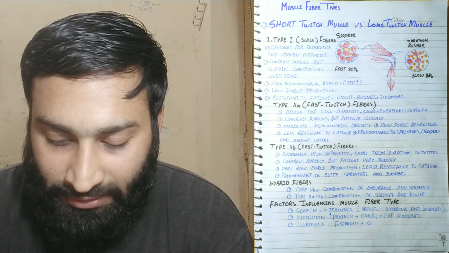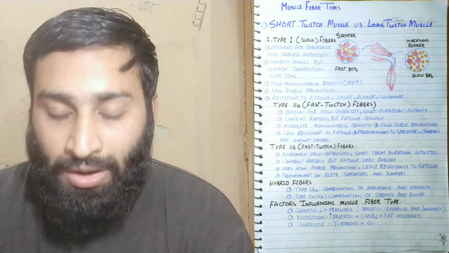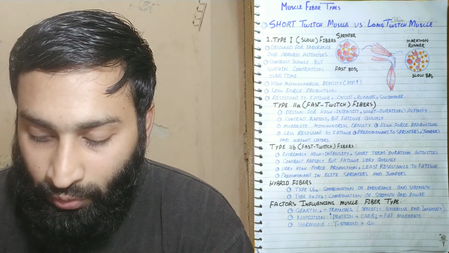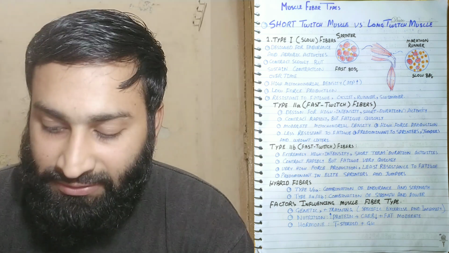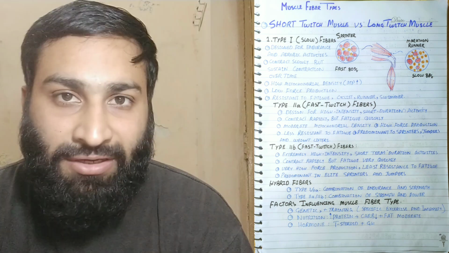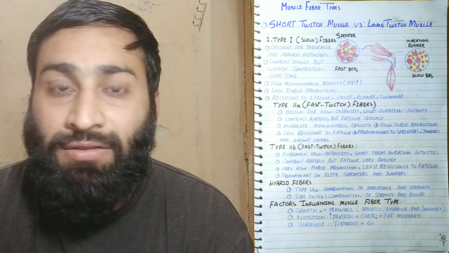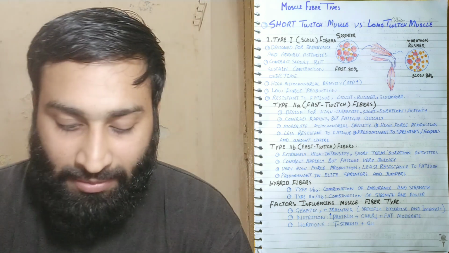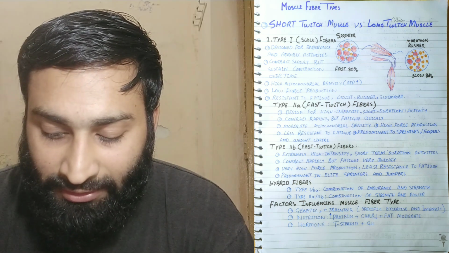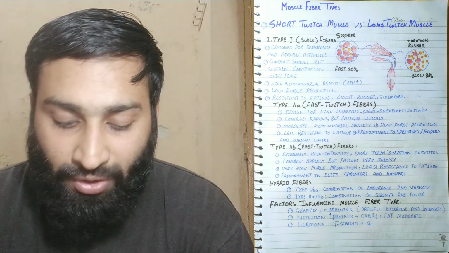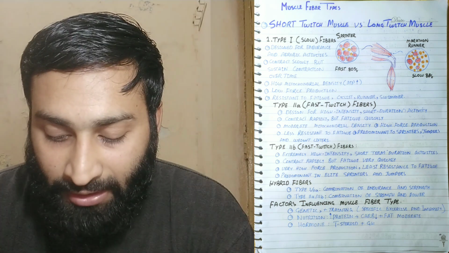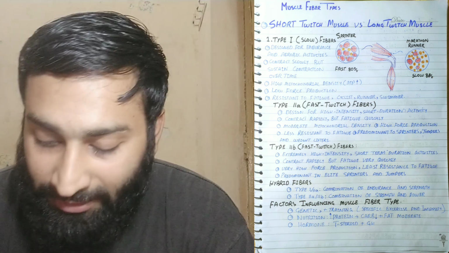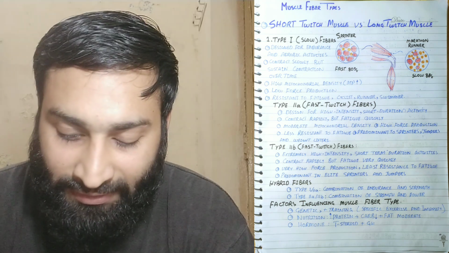On the other hand, the type 2B fast twitch fiber is least resistant to fatigue, so fatigue resistance will not occur. Fatigue can happen quickly due to the small number of mitochondria. It is predominant in sprinters and jumpers, while the hybrid fiber is a combination of type 1 and 2A fibers, which gives endurance and strength.